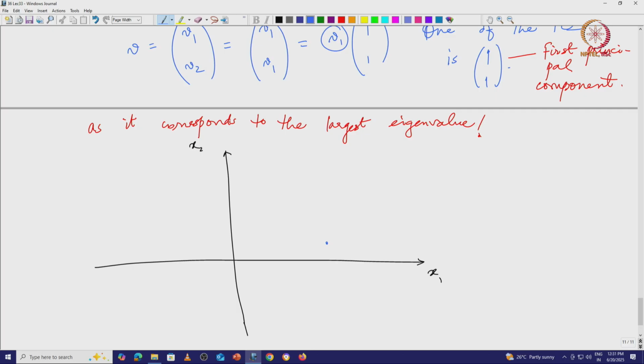Then you had 2, 3, right. So, where is 2, 3? So, 2, 3 will be somewhere here. So, if we mark it, probably it is easier.